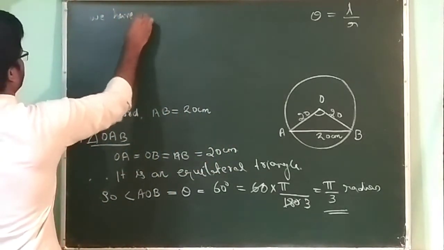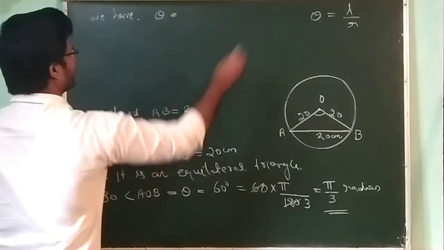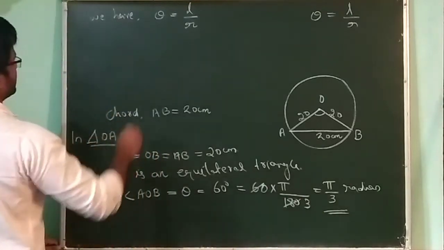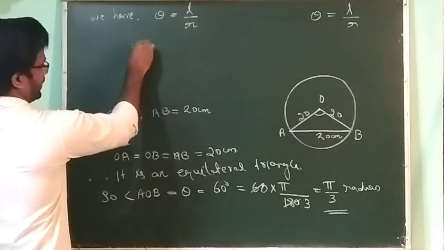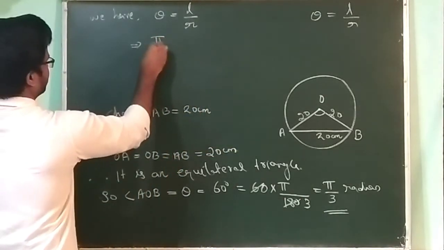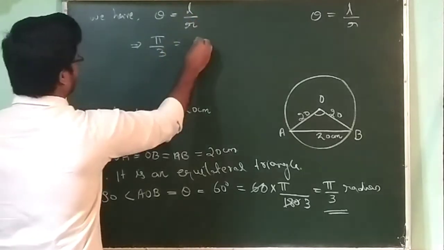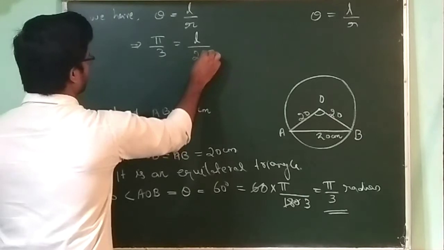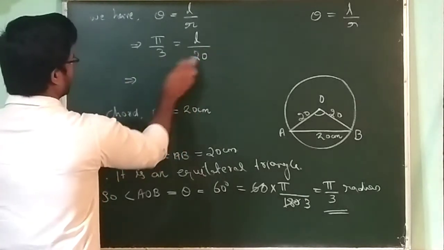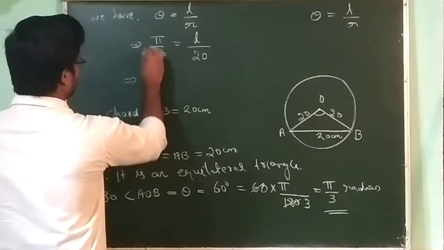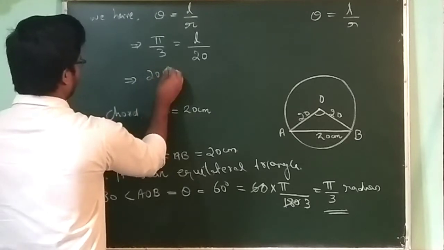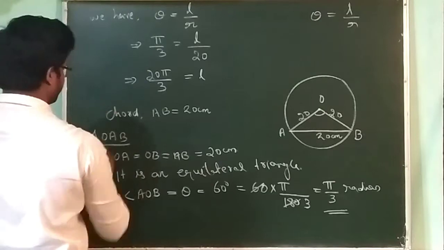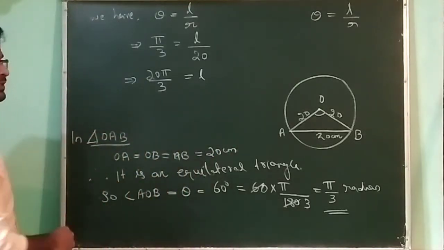We have theta equal to L by R, that formula we can write. Then theta we got pi by 3 equal to L, which we don't know, divided by R, which is 20. 20 bring to the left side, that time 20 pi by 3 equal to L. What is L?